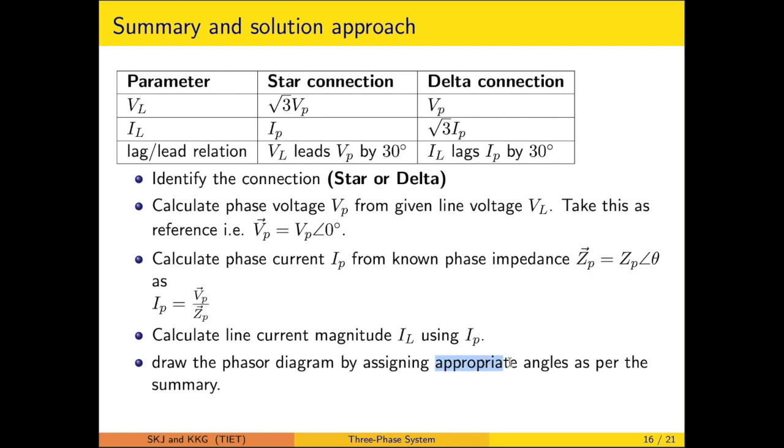Assigning the appropriate angles means, here the calculation is for the magnitude, and for the angle, the line current lags the phase current by 30 degrees in case of delta. So that consideration we have to keep in mind. Similarly, the line voltage leads the phase voltage by 30 degrees in star connection.